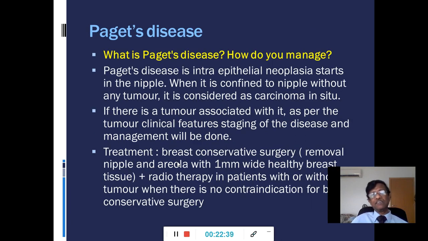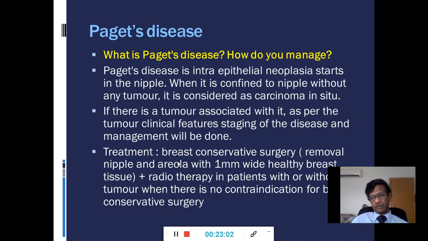What is Paget's disease? How do you manage? I don't know. Paget's disease is an intraepithelial neoplasia that starts in the nipple region. When it is confined to the nipple without any tumor in the breast, it is considered a carcinoma in situ.